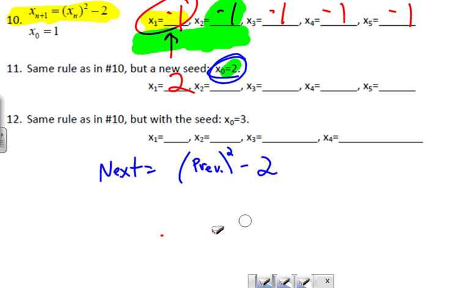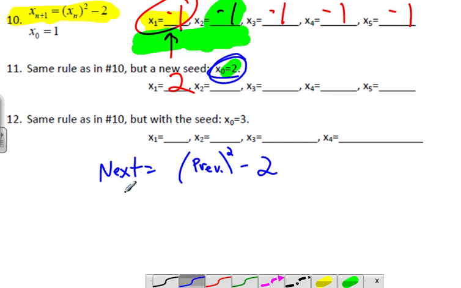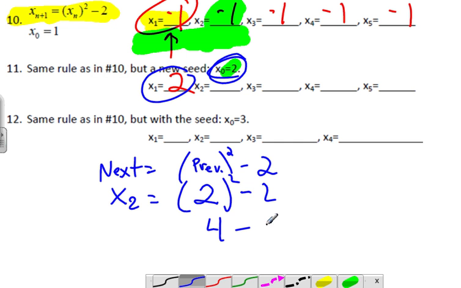All right, what about the second iteration? Well, nothing's going to change. To get the second iteration, we'll need to use the previous term, which was x of 1, which was 2, square it and subtract 2. Again, that's 4 minus 2, which is 2. So, different behavior. It was the same rule as number 10, but a different seed. Number 10 converges instantly to negative 1. Number 11 converges instantly to the value 2.